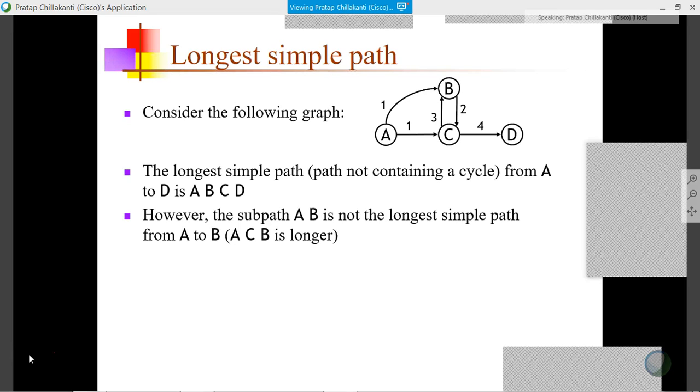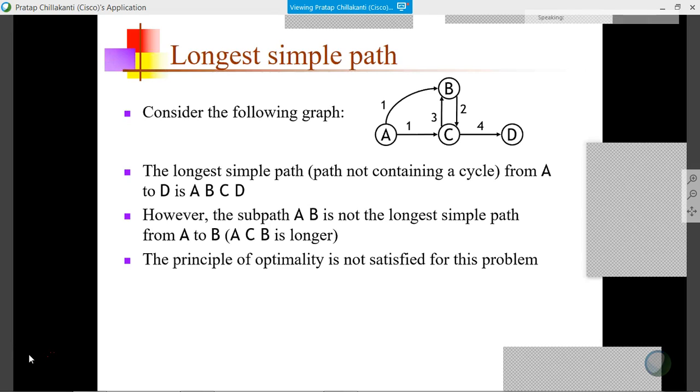If you go from A to C to B, then you are taking 4 units as opposed to 1 unit. So I can give you an example like that and ask, does the principle of optimality hold for this problem? And justify your answer. You should explain it; all that is contained in this slide.